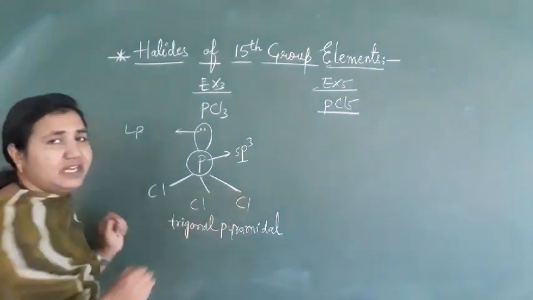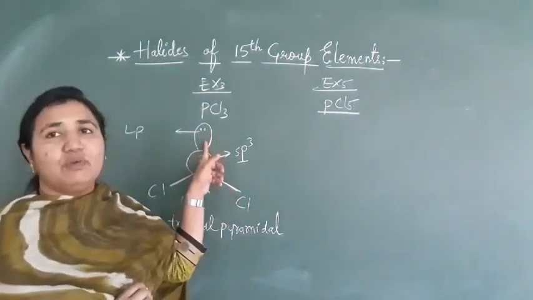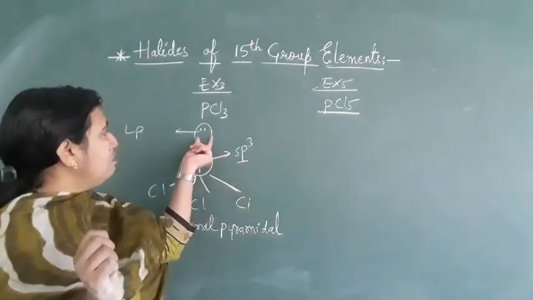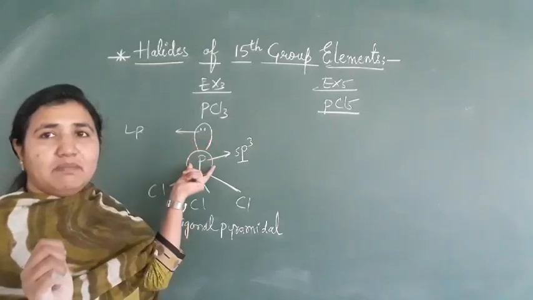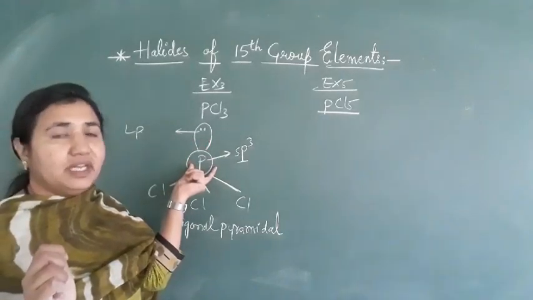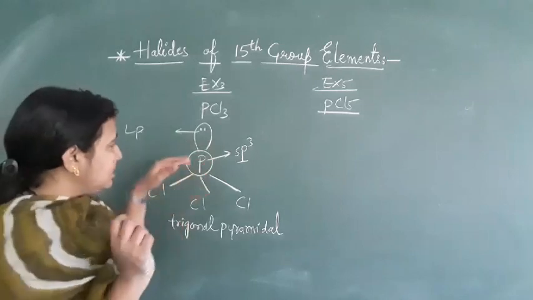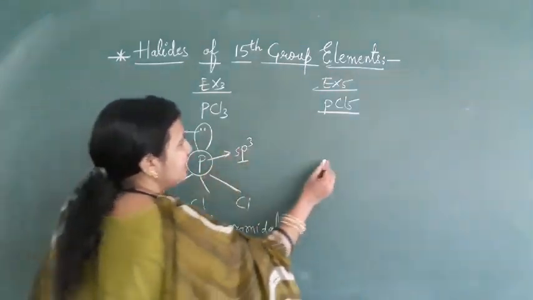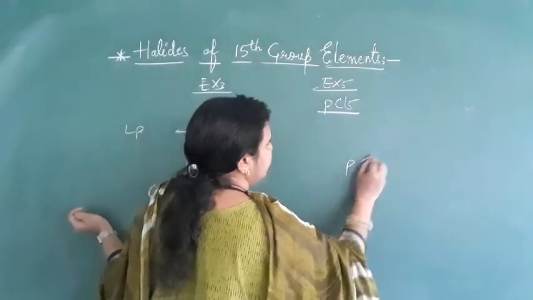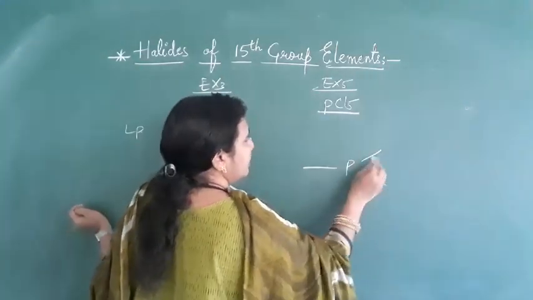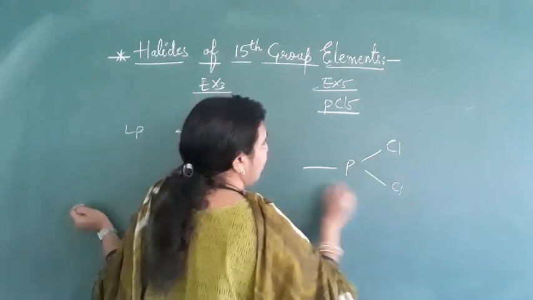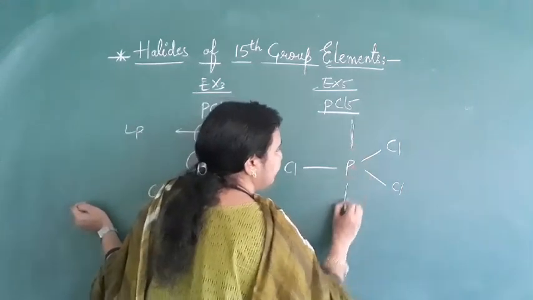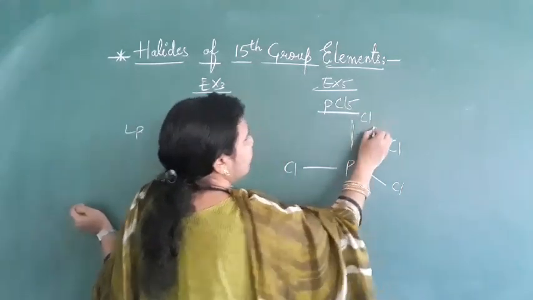The structure should be tetrahedral, but due to the presence of the lone pair, the geometry is trigonal pyramidal. The lone pair does not take part in bonding, so in geometry we do not consider it. So PCl3 is trigonal pyramidal. And PCl5, what is the structure? Here we have 3 chlorines equatorial, and these two are axial bonds.